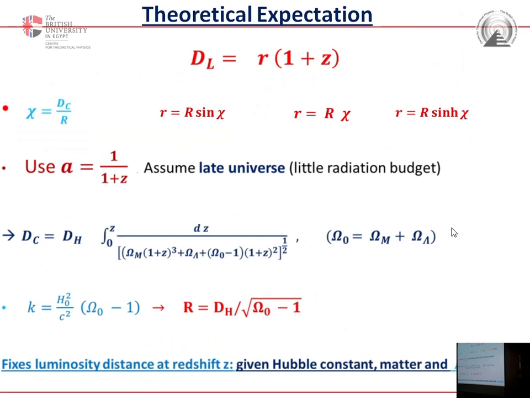Right. So we have everything that we need for this sort of exercise. If we know these things, we can calculate D_C. D_H is simply the Hubble sphere, which we know if we know H naught. This is the local Hubble sphere, the Hubble sphere at a equals 1.